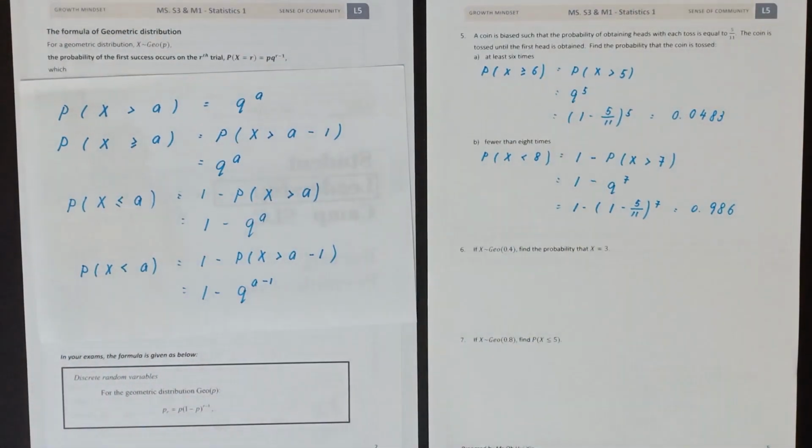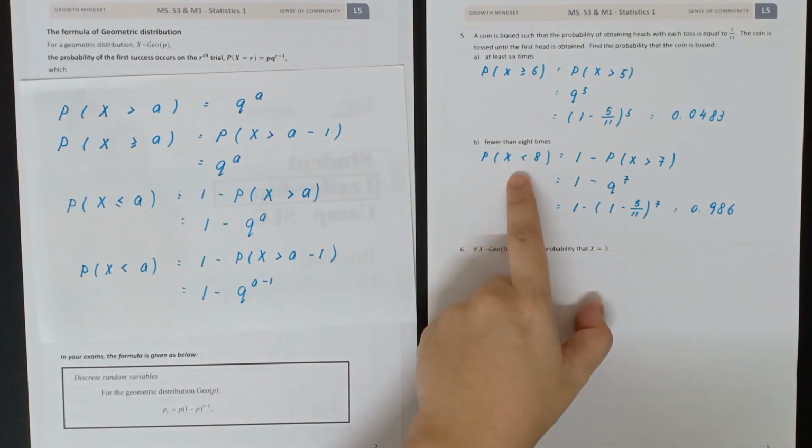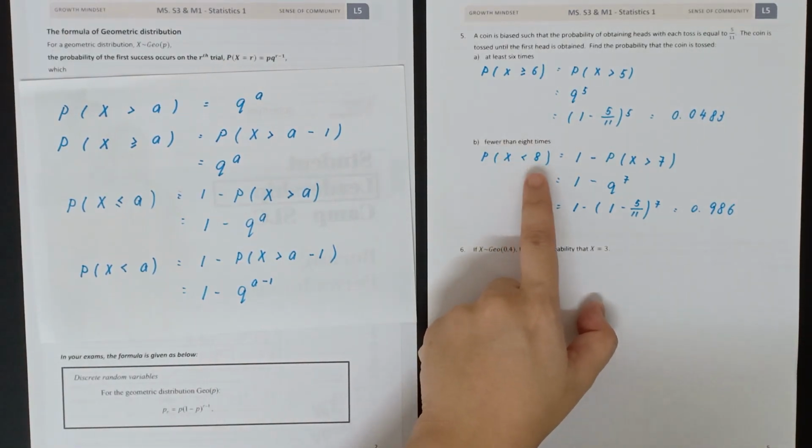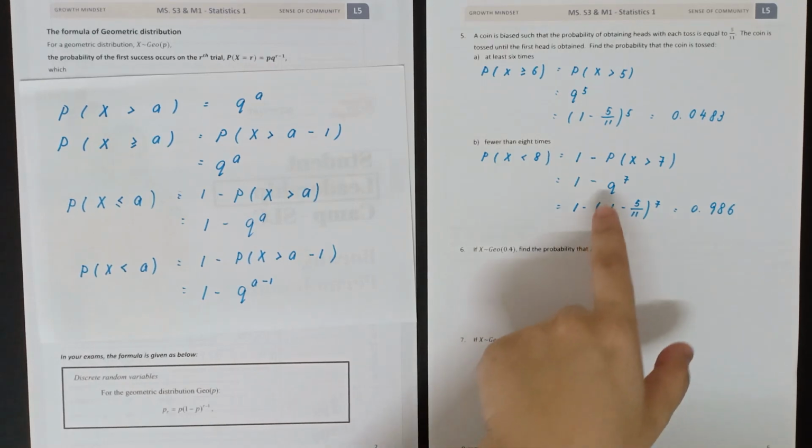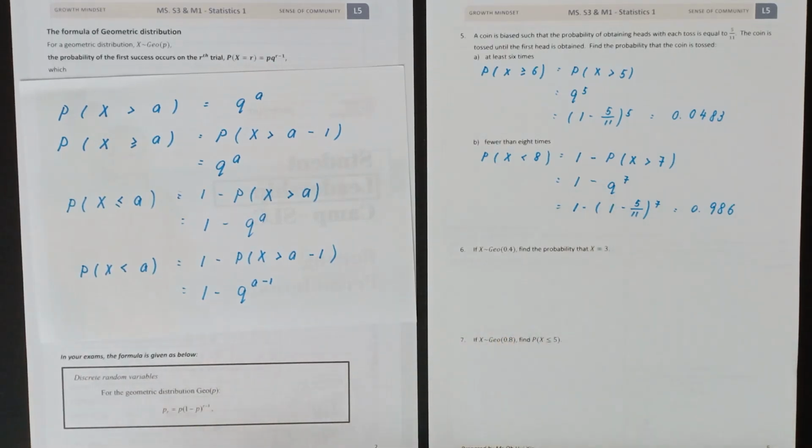So the probability of X smaller than A is basically 1 minus P(X greater than A minus 1). Like the probability for the number of trials needed for the first success to be 8, what doesn't happen is that you do not want your number of trials to be more than 7, meaning you do not want to fail 7 times.